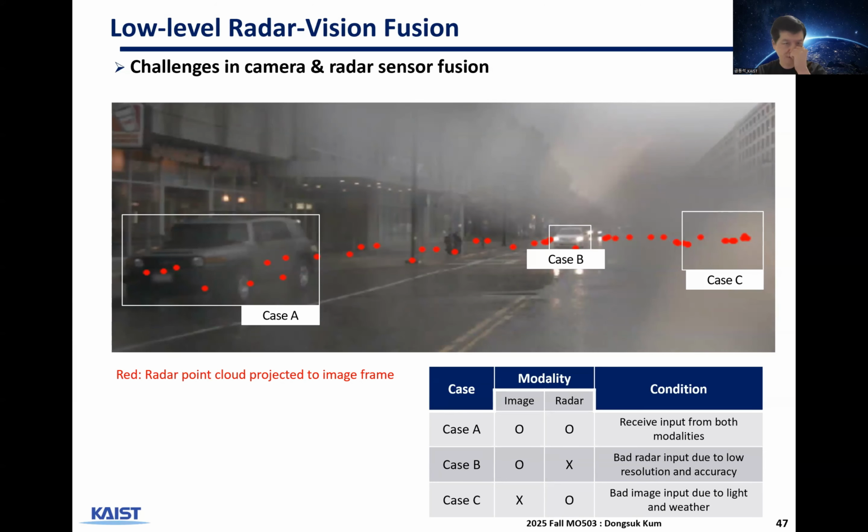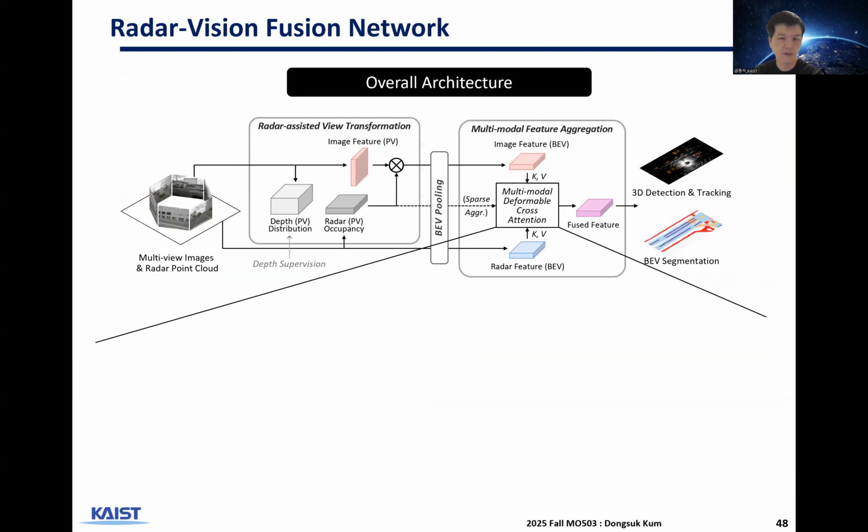Yeah, this is the introduction or motivation for low-level radar vision fusion. And this is the architecture we introduced a while ago. This was one of the first early works in history that fused radar and camera using low-level fusion for both radar and image features.